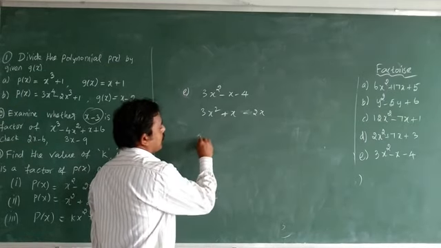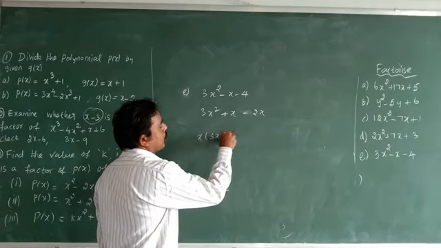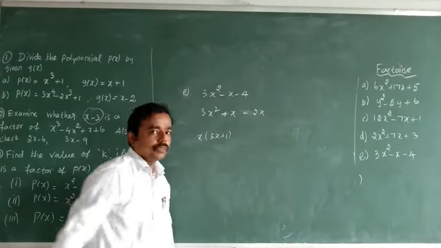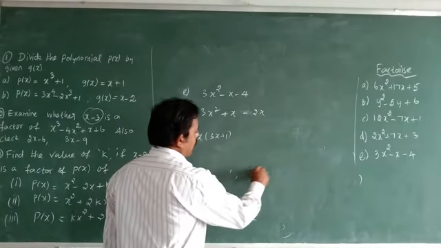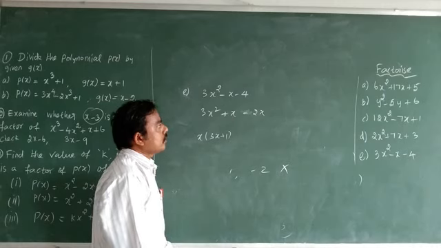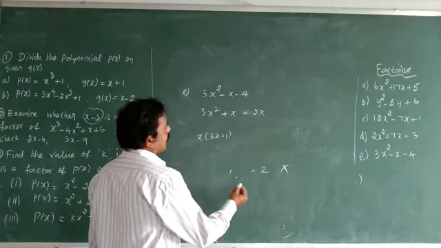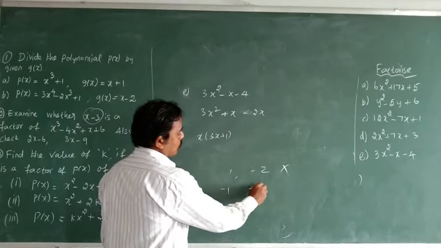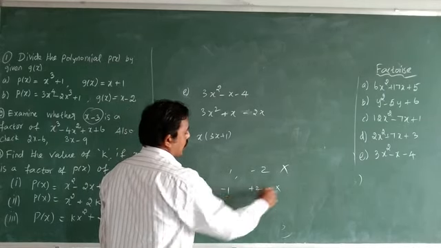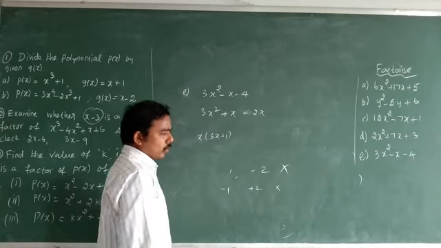Now 3x we can take, but 3x plus 1 is not possible. Here 3x plus 1 is not possible. So 1 comma minus 2 is not possible for your minus x. Then another thing, minus 1 plus 2 is not possible because we need minus 1.